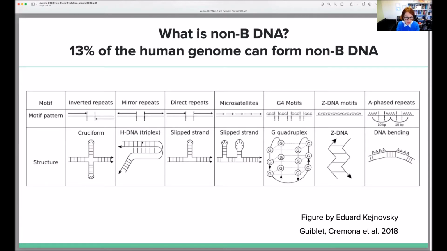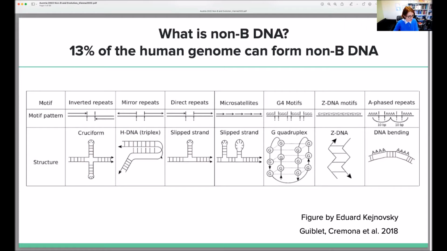But while everybody is familiar with the Watson and Crick structure, not every biologist even knows that about 13% of the genome can fold into other conformations. And here I'm listing some of these conformations. This usually happens at certain motifs. For example, if there are inverted repeats, they can form cruciforms. Mirror repeats can form H-DNA, which actually is a triple helix, not a double helix.